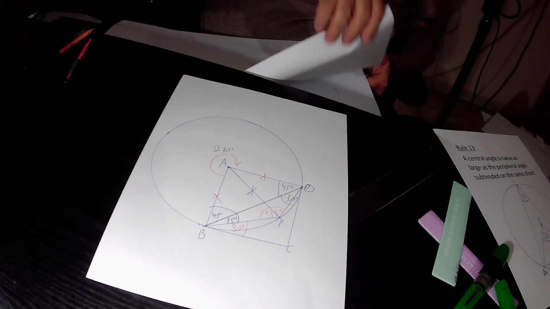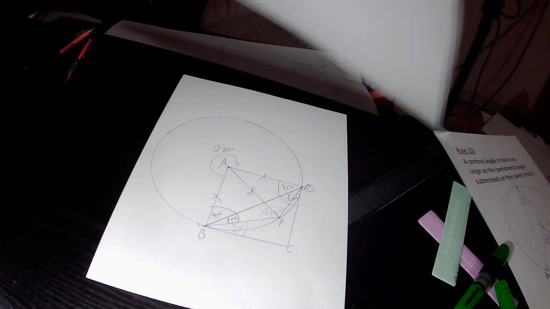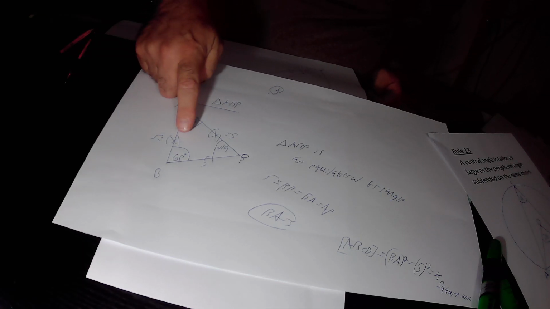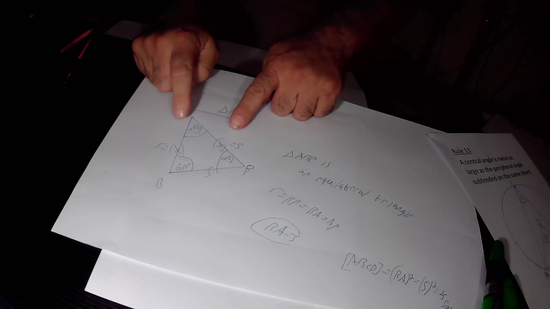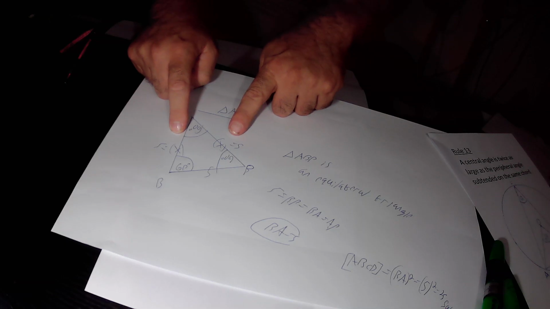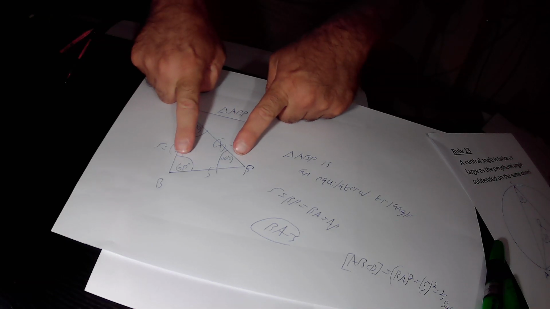So this is triangle ABP, copied from the original drawing. As I mentioned before, this angle equals 60 degrees. Those two sides are both equal to x, and we have the rule that opposite equal sides in a triangle are equal angles. So opposite those two equal sides, we have two angles that must also be equal to each other.